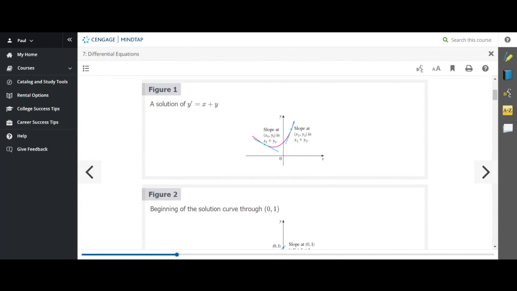Has to be positive. Now, why would that be? Well, we'll come back to the picture, but let's look at the differential equation. y prime equals x plus y, and we're told that y of 0 equals 1.